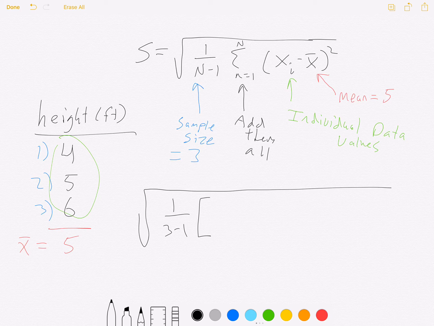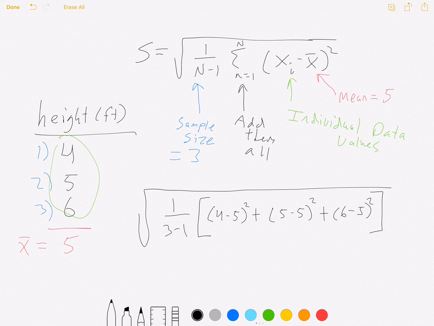So in the first case, we have 4 minus 5 squared, and then we have 5 minus 5 squared, and then we have 6 minus 5 squared. Okay? So those are our 3 values. We're subtracting the mean from each of them. We're squaring all of them, and we're adding up all those squares.